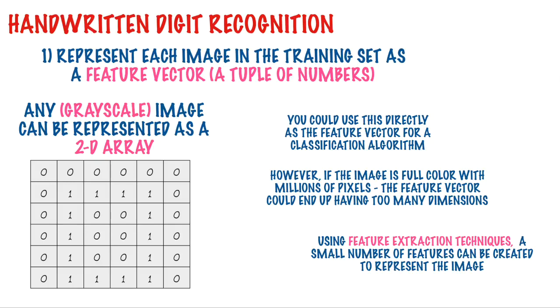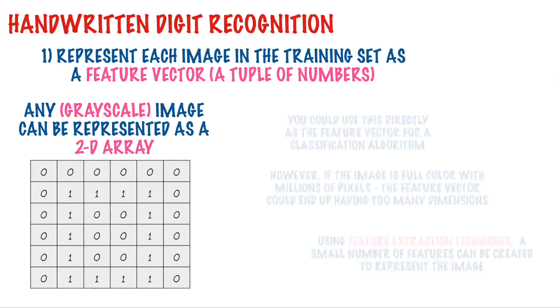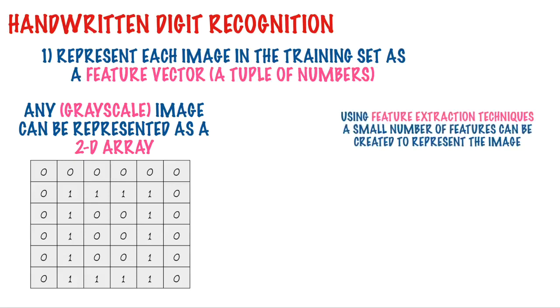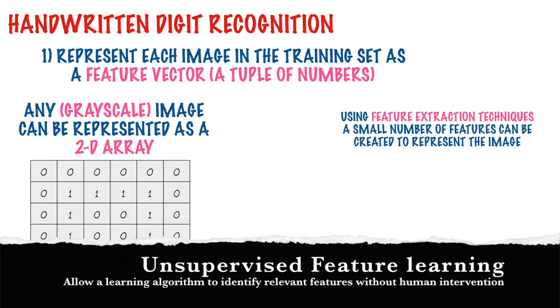There are many different feature extraction techniques for images. Some of them will help you find the edges and just represent an image using the edges of that image. Some of them will compress an image into a blurry but still recognizable version of that image.